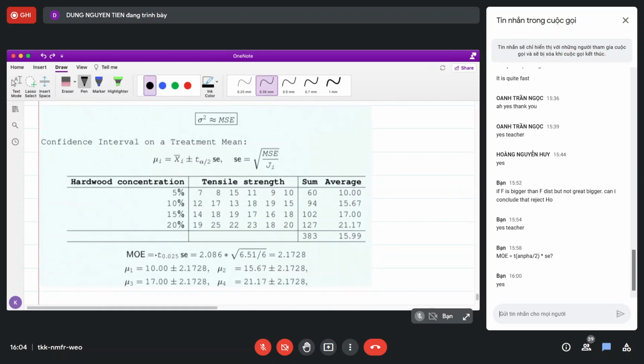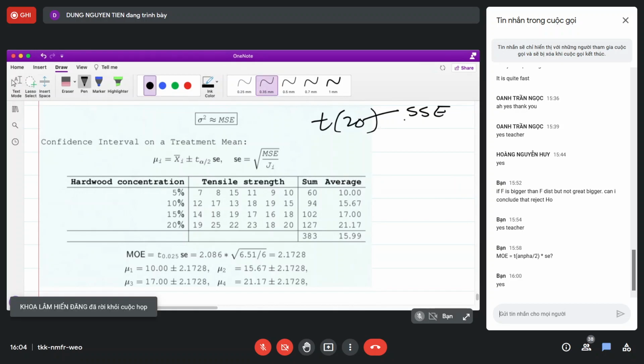Okay. We can always find the margin of error, which is the t value times the standard error, and the t distribution here has degree of freedom 20, right? This is the degree of freedom for the SSE. We use the t distribution table with degree of freedom 20 to get the value 2.086, times the standard error.